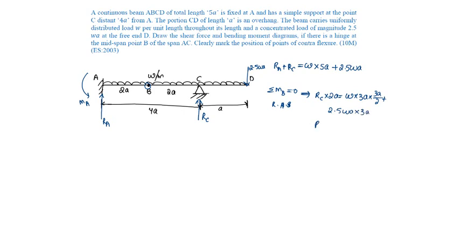On solving, we get RC to be 6 WA. Then, substituting it in equation 1, we get RA to be 1.5 WA.